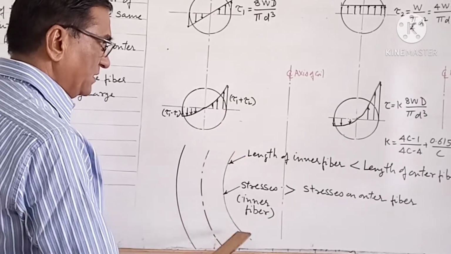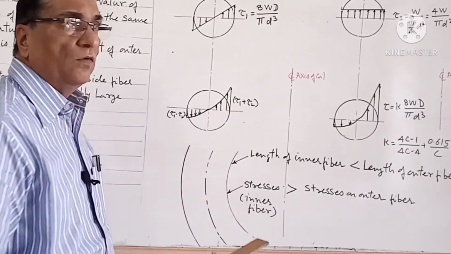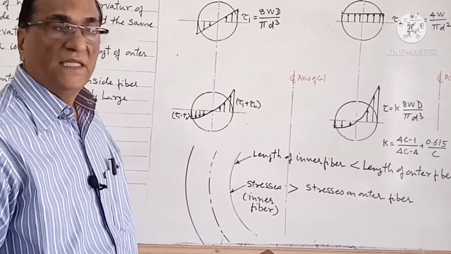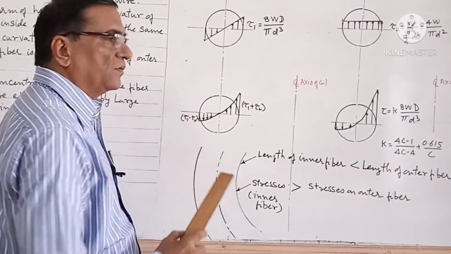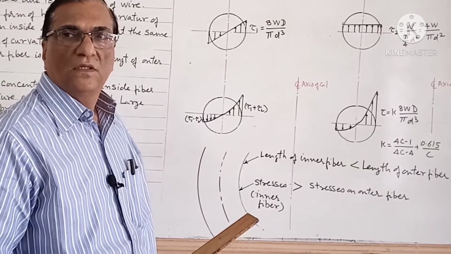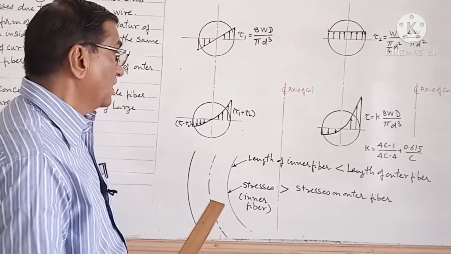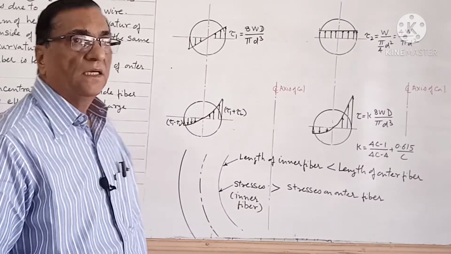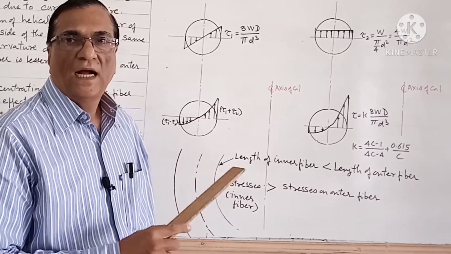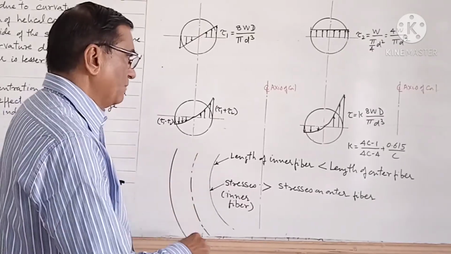Inside the curvature, the summation of tau 1 and tau 2 will be there, and outside the curvature the difference of tau 1 and tau 2 will be there. Means the inside fiber has higher stresses than the outer fiber.